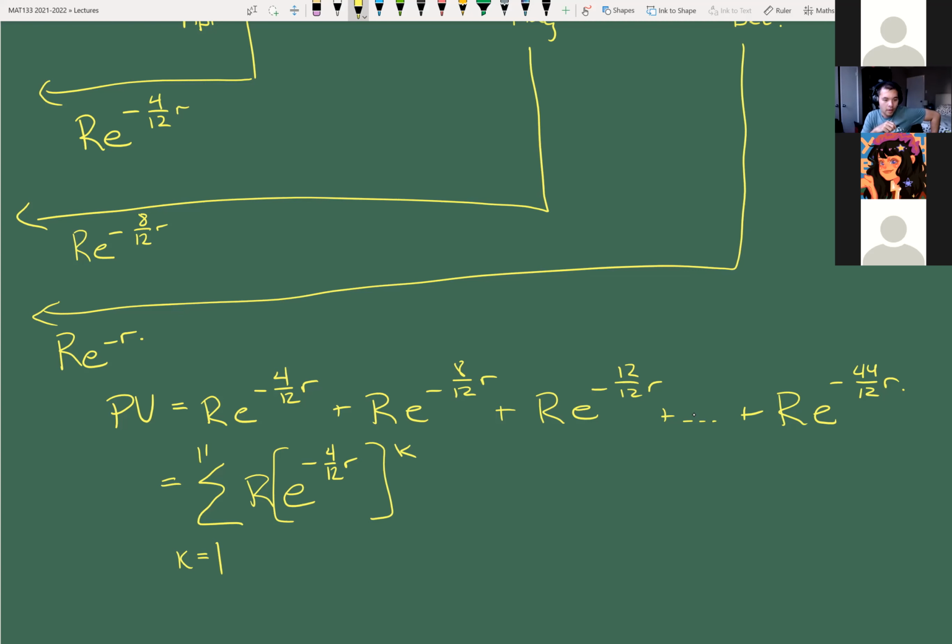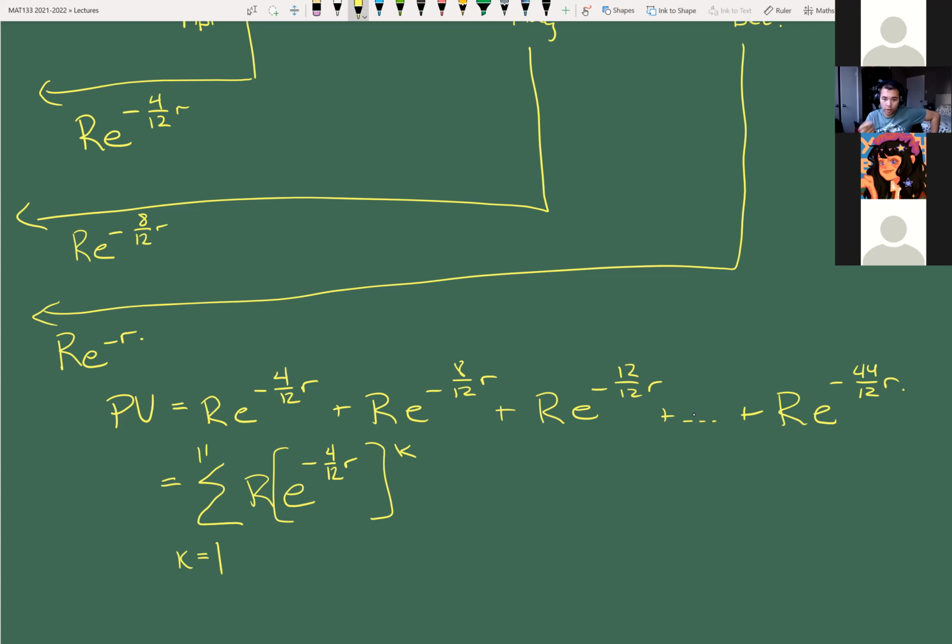I got a direct message saying, don't you need R e to the negative 4/12 R on the left of the sigma? It depends on what you want to do. Normally our formula for a finite geometric series starts at 0, right? And this one starts at 1.